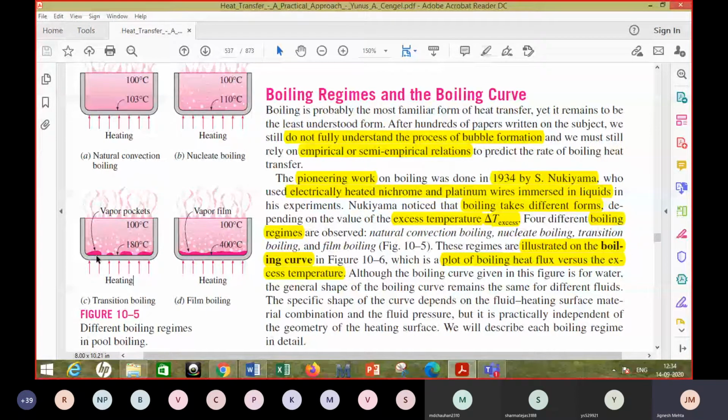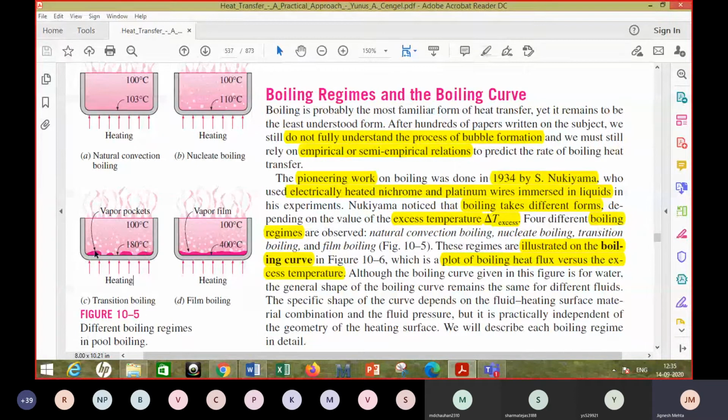It may not be an individual bubble also, but multiple bubbles are able to join together and create a large vapor pocket, as it is written. And such big vapor pockets are generated, and you can see they cover a substantial portion of the surface, right?